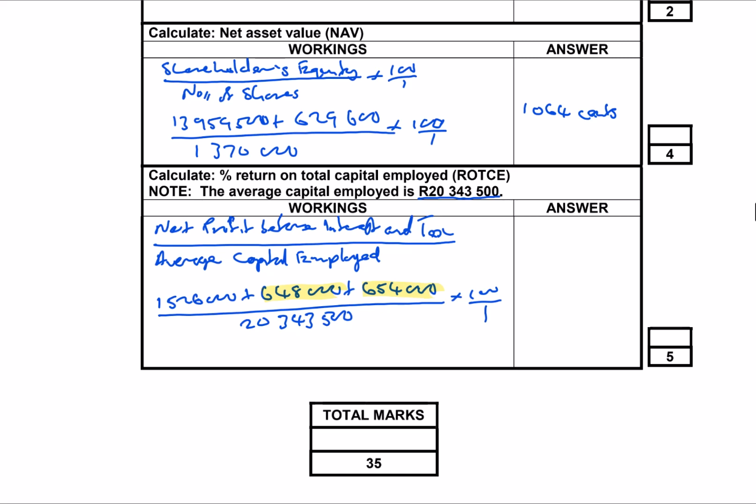So 1,526,000 plus 648,000 plus 654,000, that's 2,828,000, divided by 20,343,500, then multiplied by 100.